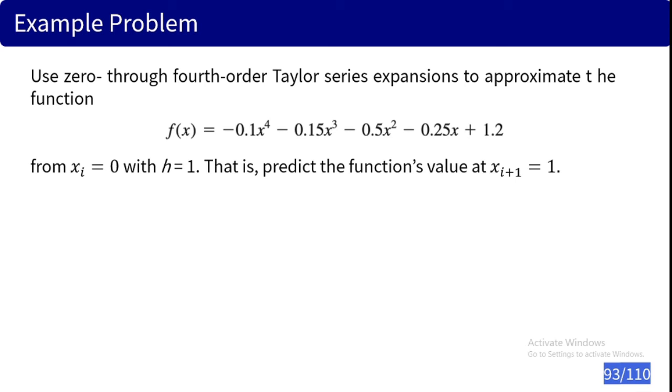Let's use 0 through 4th order Taylor series expansions to approximate the function f of x equals negative 0.1 x raised to the power 4 minus 0.15 x cubed minus 0.5 x squared minus 0.25 x plus 1.2 from x sub i equals 0 with a step size of 1, represented by h equals 1.